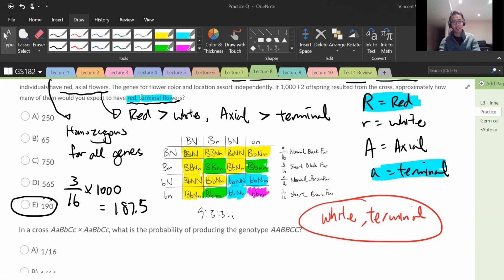Okay. White terminal. The options are the same options here.